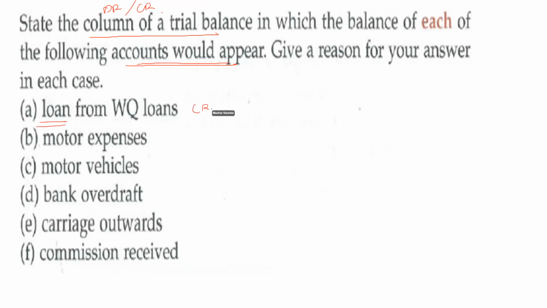It would appear in the credit column because a loan is a liability, an amount yet to be paid. Motor expenses. What about motor expenses? Amount yet to be paid.